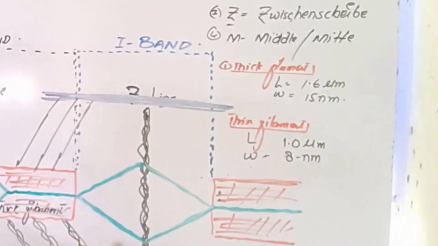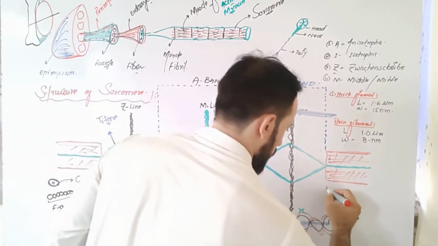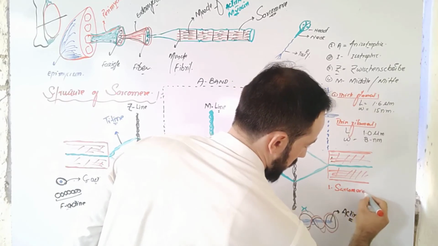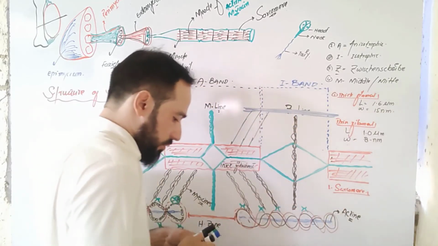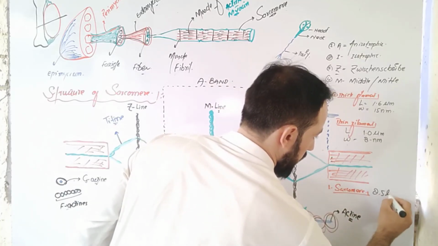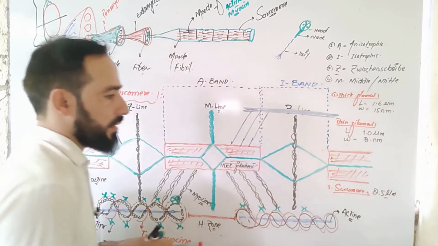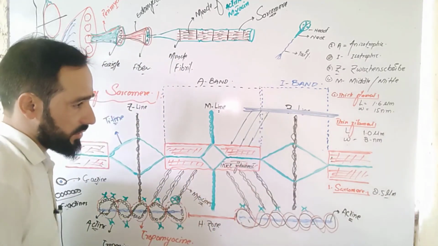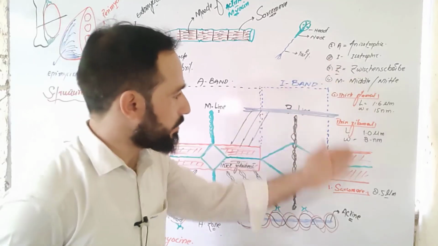So what is the length of one sarcomere? It's about 2.5 micrometer long. It is the length of one sarcomere inside your muscle tissue, right friends? So these were a little bit of detail.